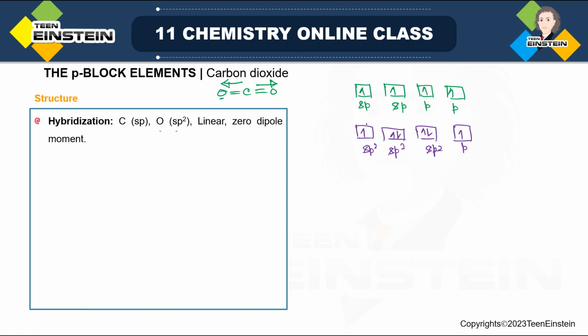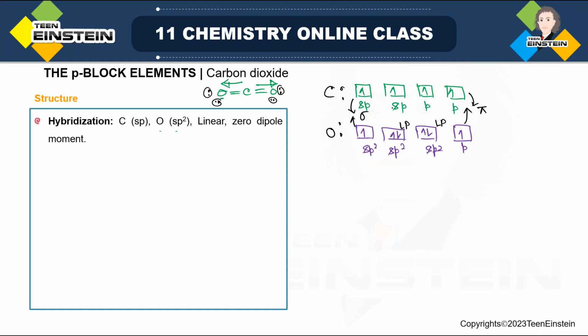Now if you consider the bond, this is for carbon, this is for oxygen. Carbon will use one sp to form a sigma bond with oxygen. So this will be used for the sigma bond. These two are a lone pair for oxygen, because each oxygen has two lone pairs. Whether you consider the left hand side oxygen or the right hand side, both are in a similar chemical environment, right? And the electron present in the pure p of carbon will be used for pi bond formation.